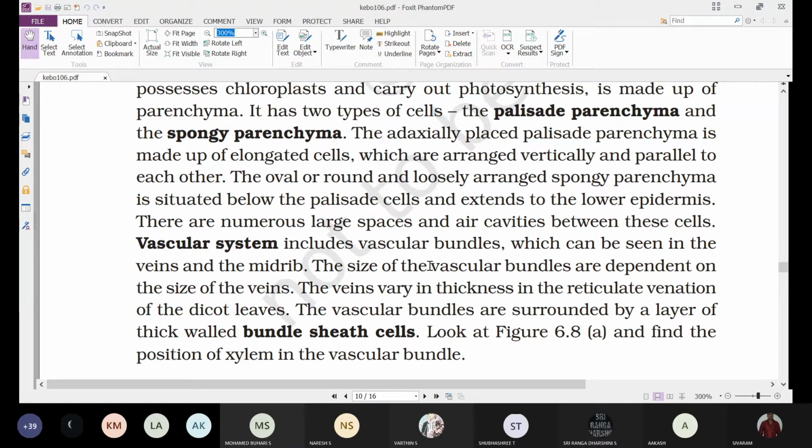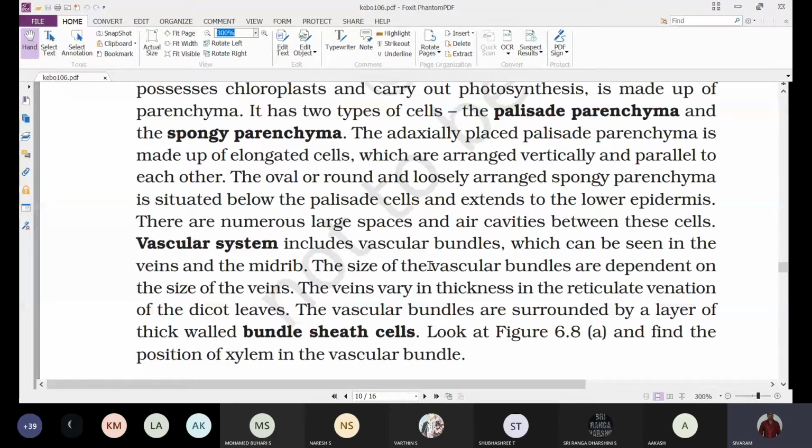Whereas the parenchymatous cells present towards the lower epidermis are irregularly arranged with large intercellular spaces. This parenchymatous tissue we call the spongy parenchyma, and the palisade parenchyma and spongy parenchyma together form the mesophyll.